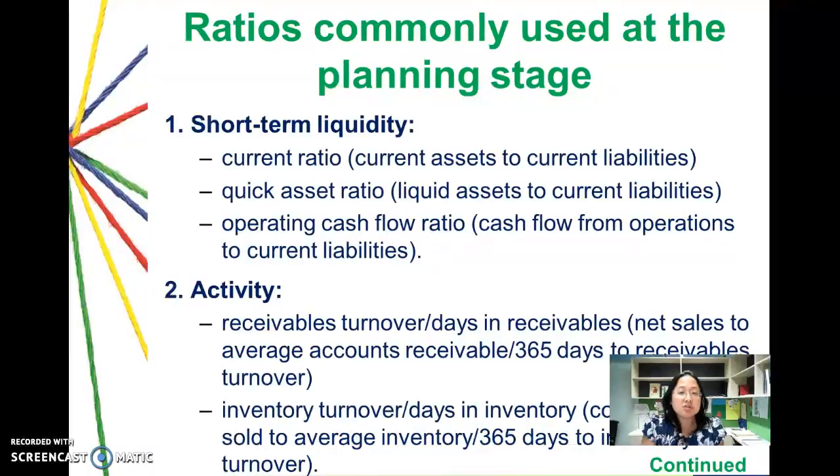The current ratio measures the client's ability to pay their current liabilities by using their current assets. The quick assets ratio, or acid test ratio, has the same meaning, but normally the current assets included are only cash or other current assets that are very quickly converted to cash, right?